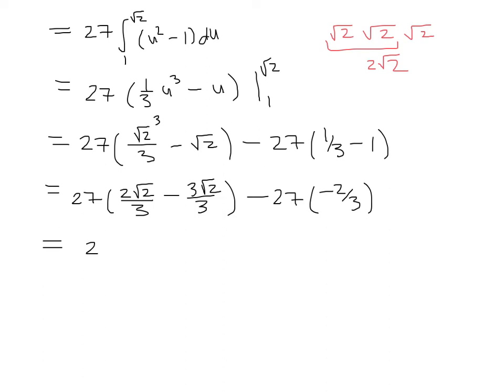So we'll have 27 multiplied by negative root 2 over 3, plus 27 times 2/3, which will be 18. And 27 divided by 3 is 9, so my final answer here will be 18 minus 9 root 2.